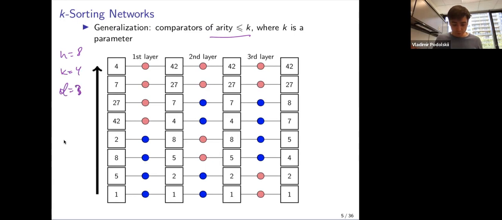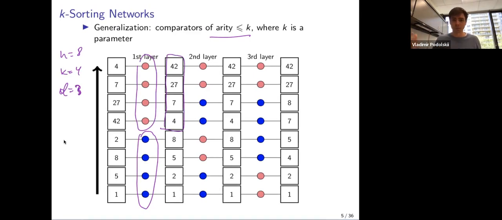You can see this is the first comparator on the first layer, and this is another comparator on the first layer. In each comparator, we just sort all of the numbers that get to this comparator. So in the first comparator, you sort all of these numbers, and they are now sorted. Again, I sort from bottom to top for convenience.